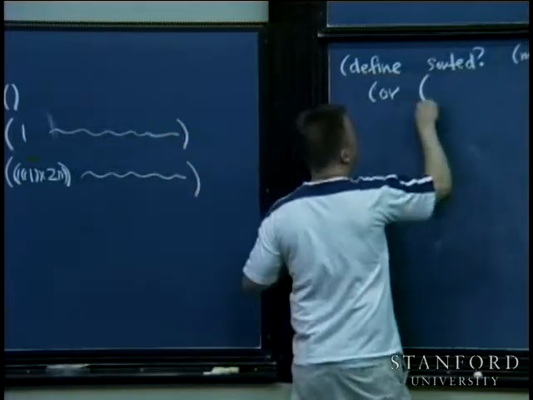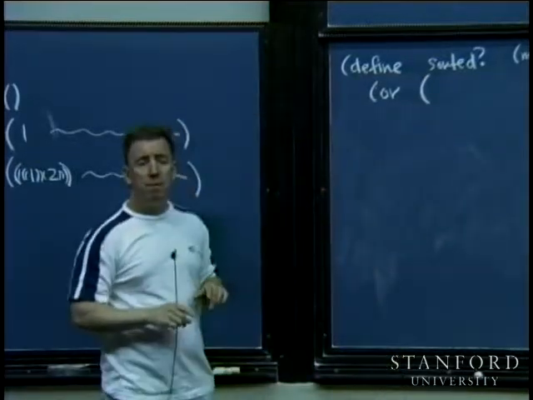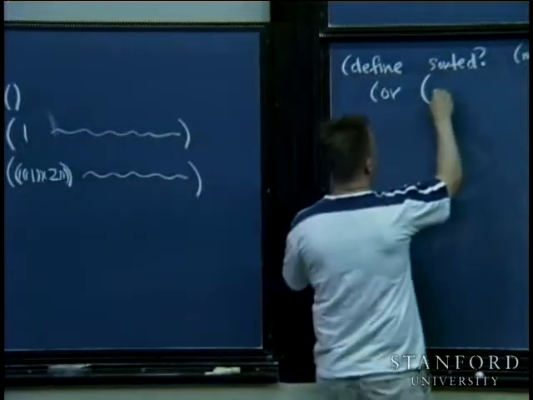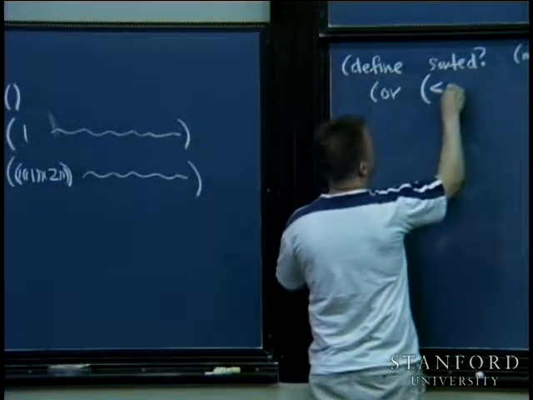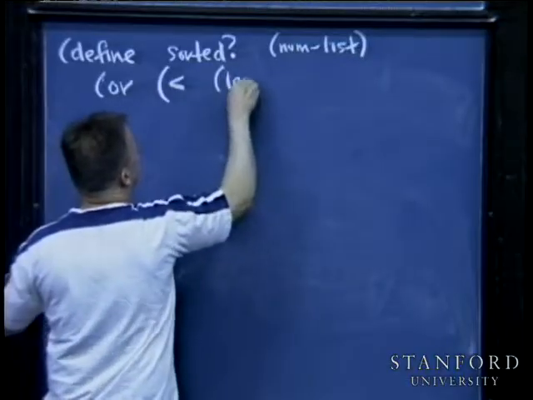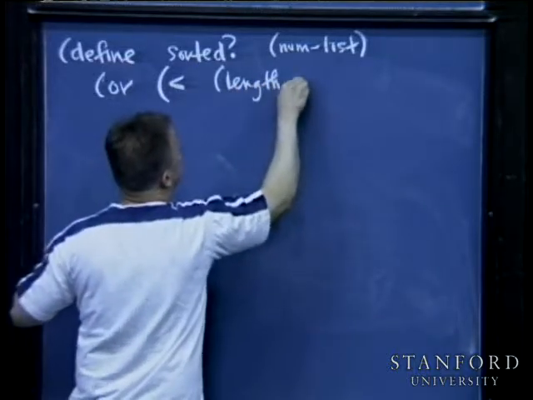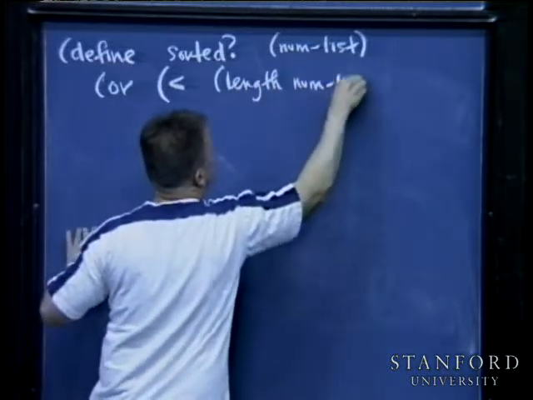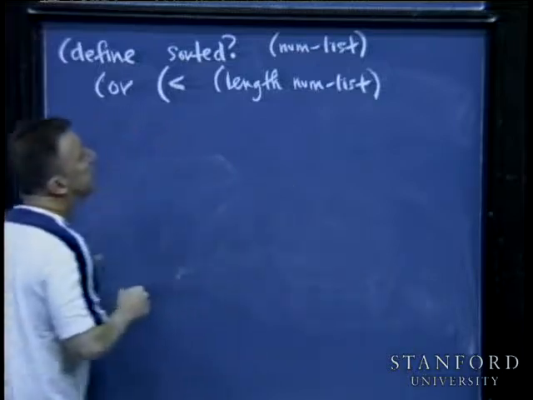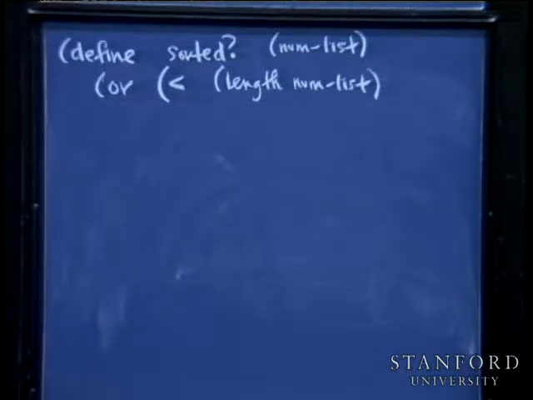I want it to return the truth or falsity of the following: that either the length of num list, this is another built-in. I know I'm spraying built-ins at you, but they're all kind of obvious, and you should know that they just exist in any language that has lists as a built-in.